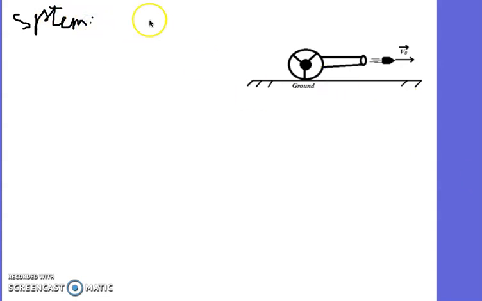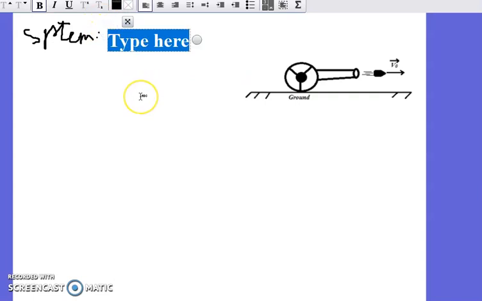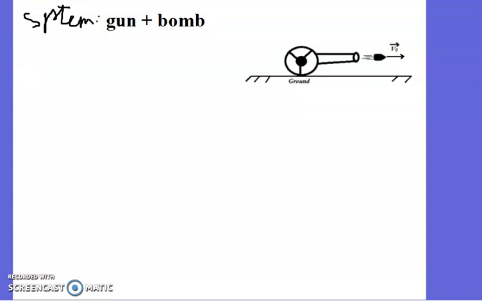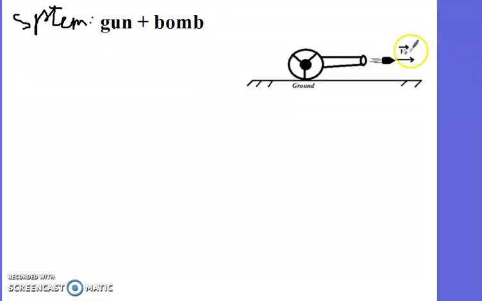Gun plus bomb. Okay, this is our system. Now what are the external forces acting on this system? Here is our system. Let me use this color. This is our system, don't forget.